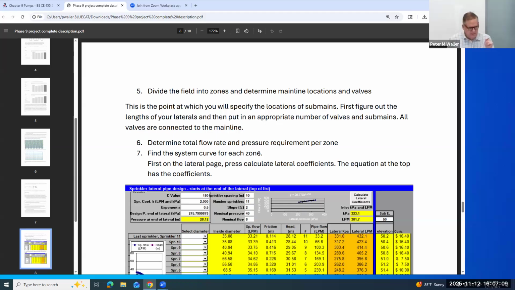So just as an initial cut, you could say, okay, I have 100 sprinklers in each zone, and each sprinkler uses 2 gallons per minute. So I need 200 gallons per minute to the zone.